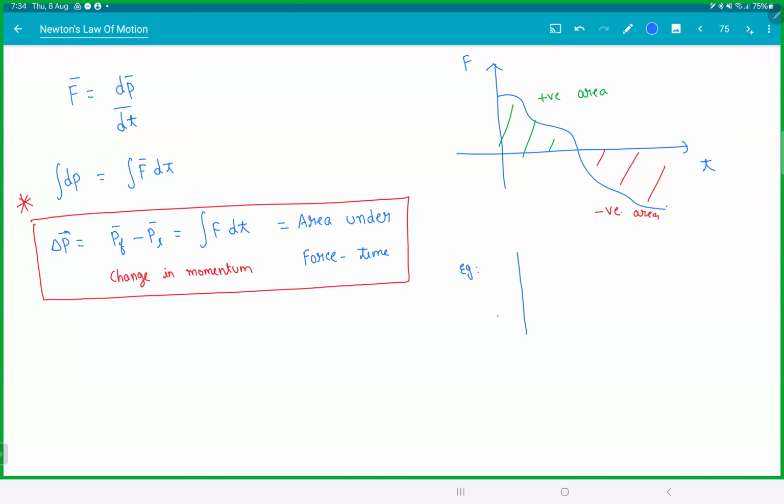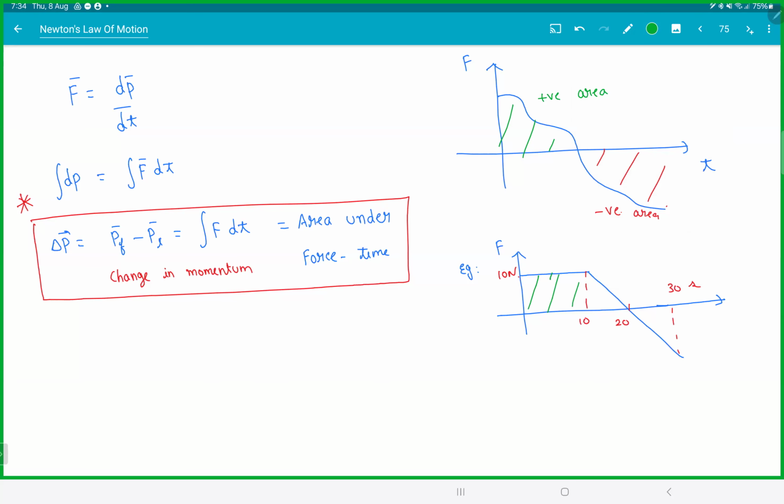So example, let's say someone gives you an F-t graph like this. Ten newtons, 10 seconds, 20 seconds, and 30 seconds.